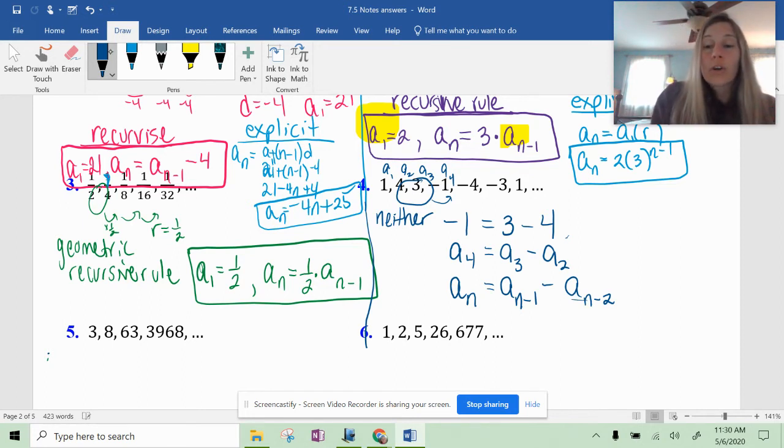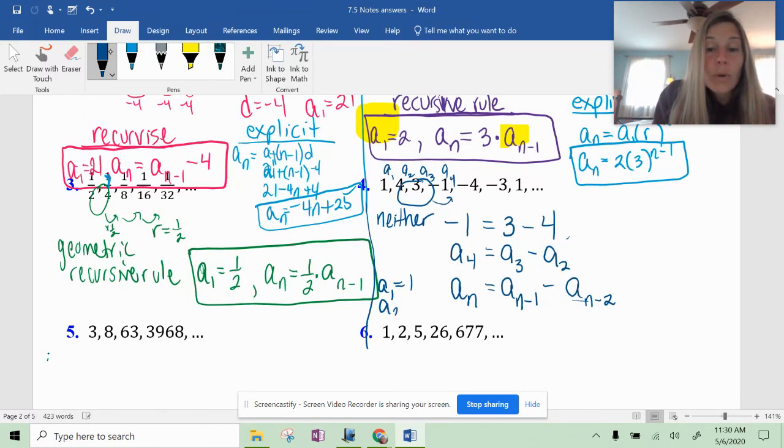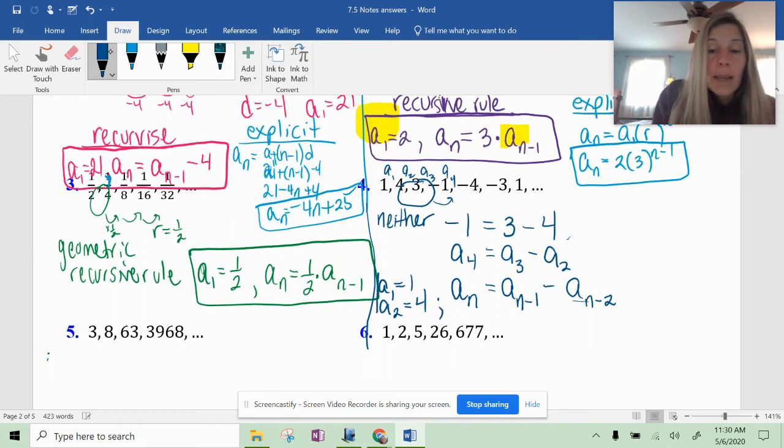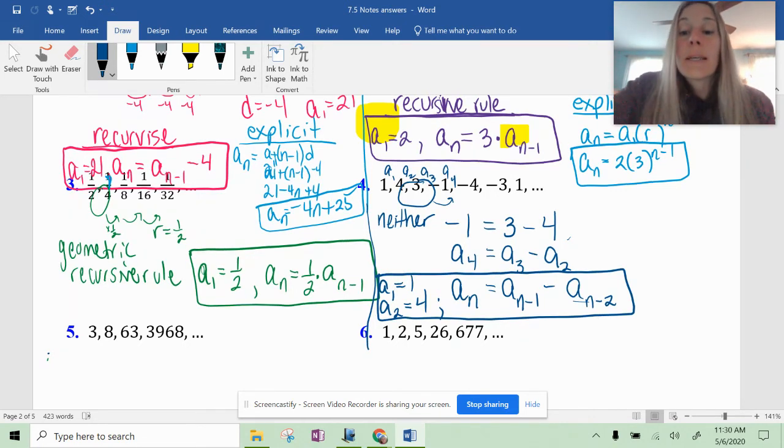So this is my recursive rule here, and because I need both an n minus 1 and an n minus 2 in there to start it, I would have to include both of those in my rule. So a sub 1 is 1, a sub 2 is 4, and then you have your recursive rule, which is a sub n equals a sub n minus 1 minus a sub n minus 2.